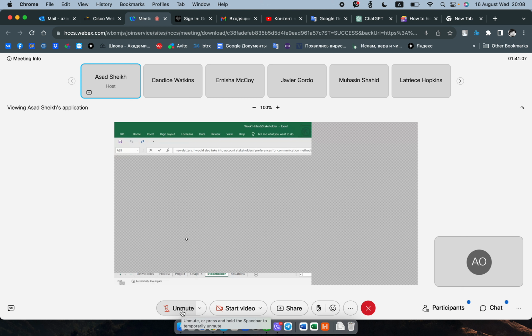You see the word understand keeps coming up. So you've got to understand, and the only way you can understand is through interaction, right? So I would reach out to the stakeholder to understand the reason behind their disengagement. If necessary, I would offer support, address any concerns they may have, and reassess their level of involvement in the project.